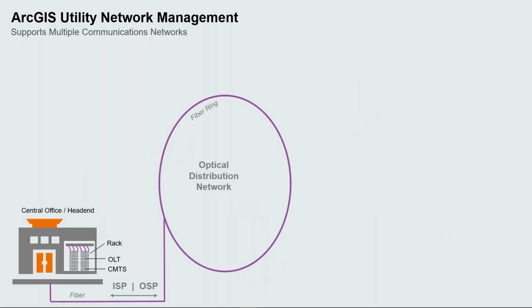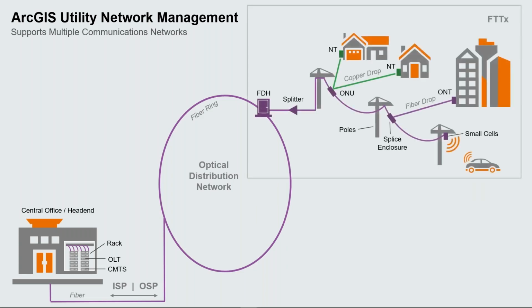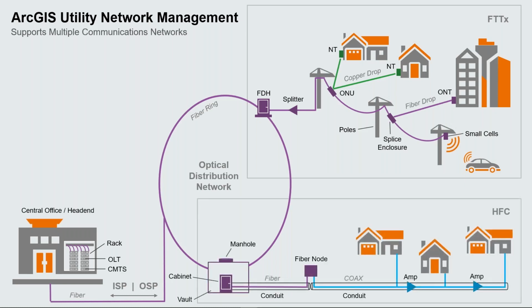ArcGIS with the utility network provides a complete GIS for planning and managing all types of communication networks, from the inside plant to the outside distribution network, supporting GPON and fiber to everything and anything architectures, while also supporting copper, coax, and hybrid networks.